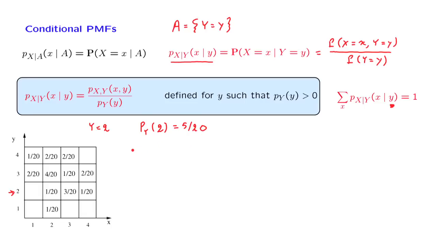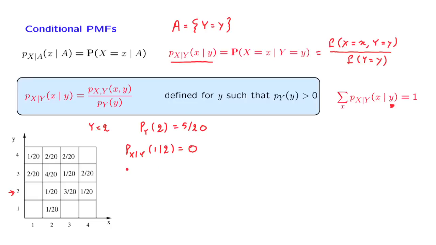Then we can start calculating entries of the conditional PMF. So, for example, the probability that x takes on the value of 1, given that y takes the value of 2, is going to be this entry, which is 0, divided by 5/20, which gives us 0.